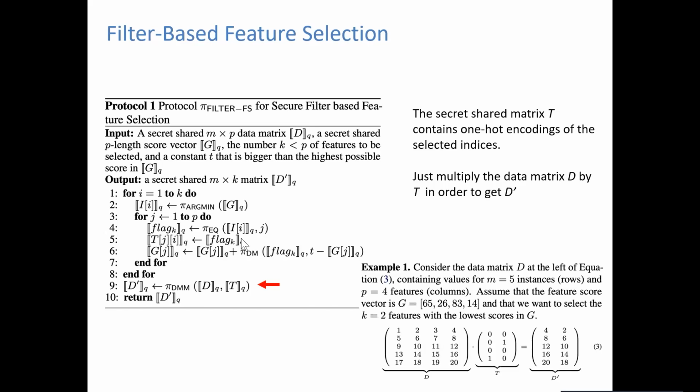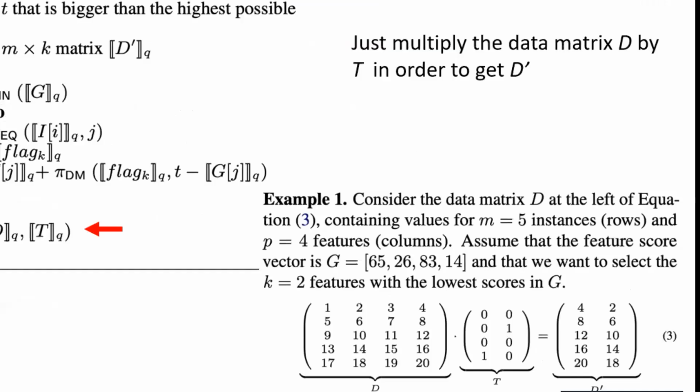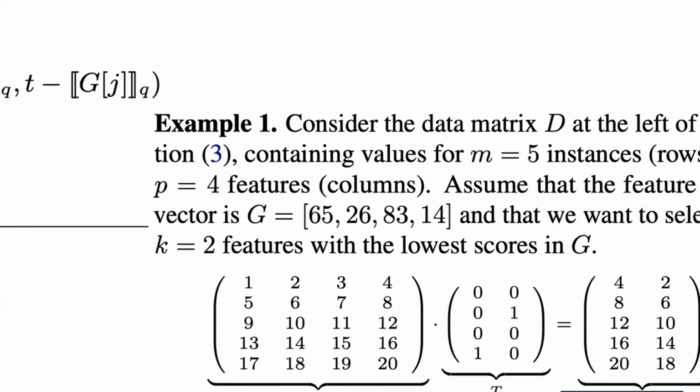So, for instance, let's say that the input matrix was this matrix here, and we had that the Gini scores were given by G with 6, 5, 26, 83, and 14. Then the one with the lowest score would be the last one, right? So what would happen when you generate this one-hot encode? In the first column here, you would have zeros except for the last position.